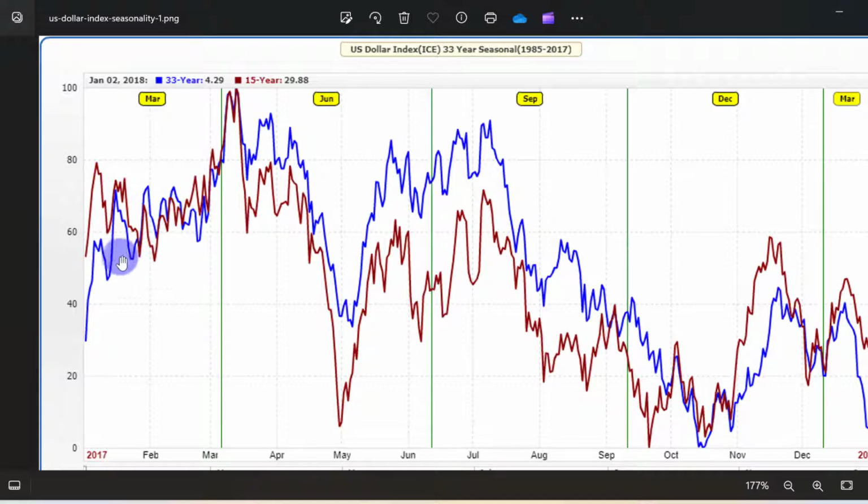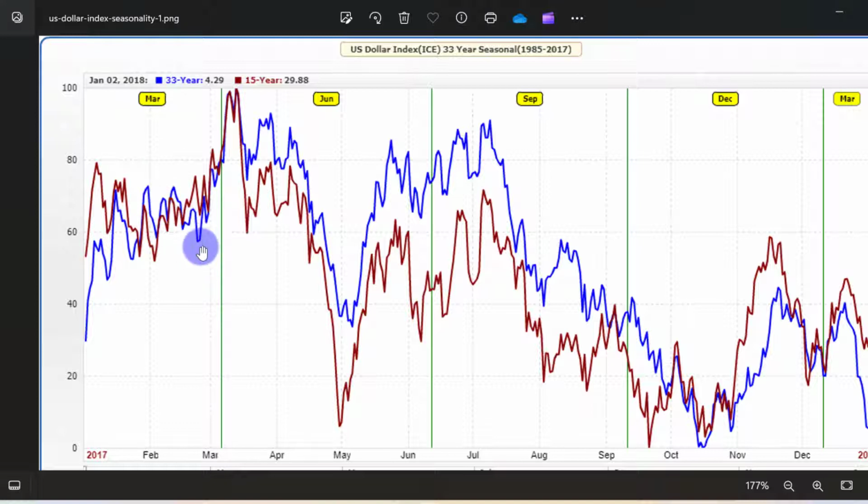So when we see the dollar reacting to support and resistance during February, going into the month of March, we know that it's the seasonal data playing out, because we've seen it on the seasonal tendency chart. Most likely the dollar would be consolidating from late January going into February and even towards the start of March.